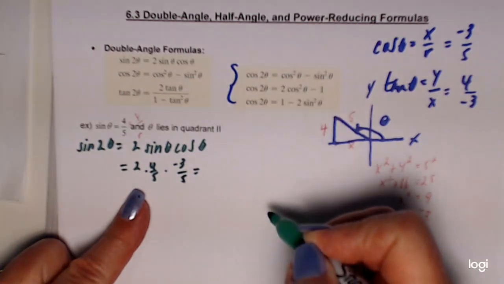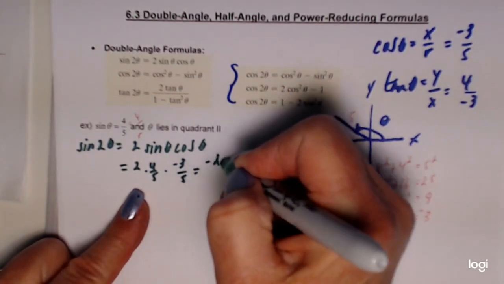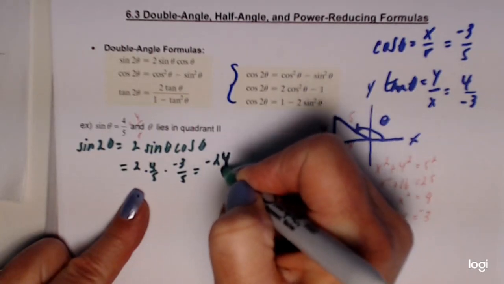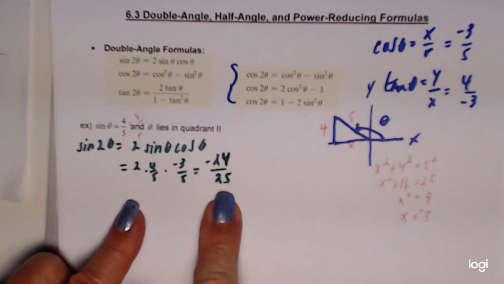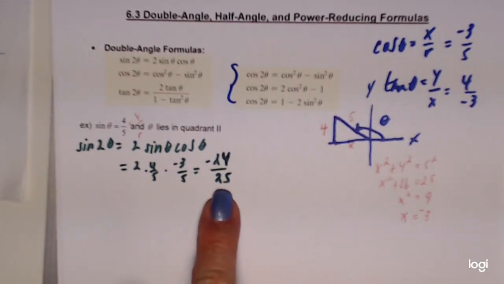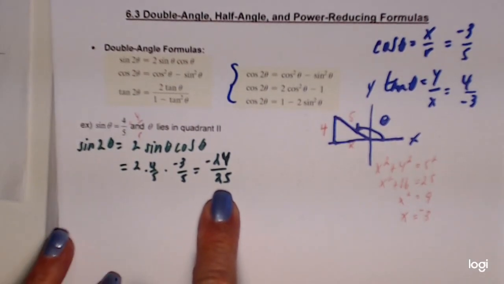So when we do our multiplication here, 2 times 4 is 8, 8 times -3, we have -24 over 25. So there is our sine function, the sine of 2 theta.